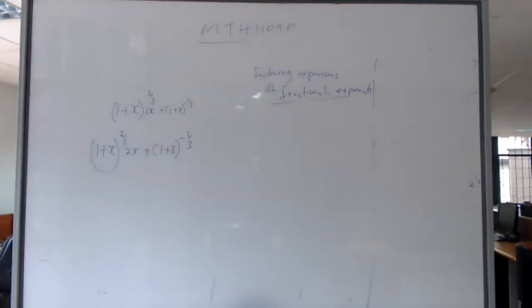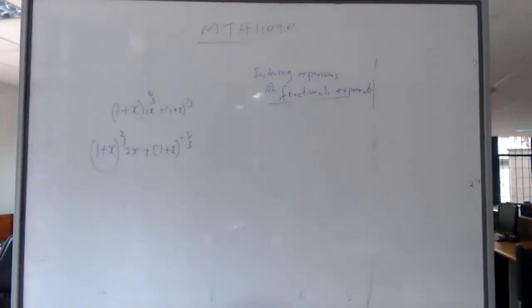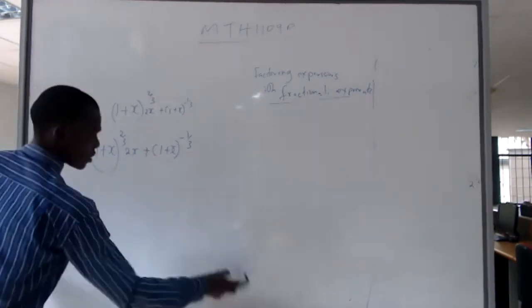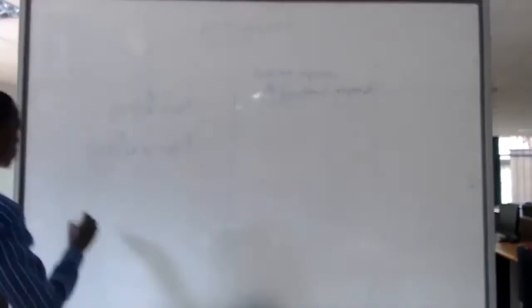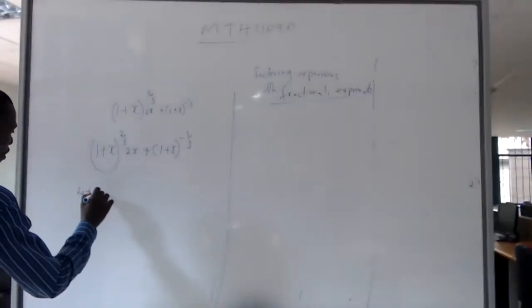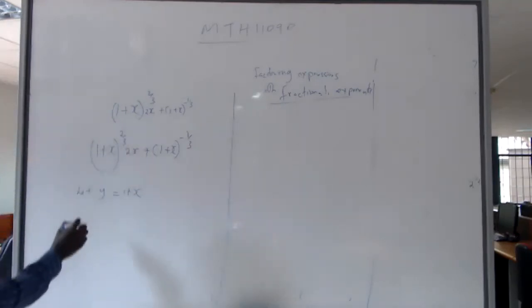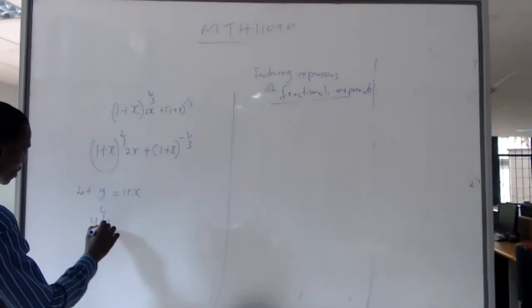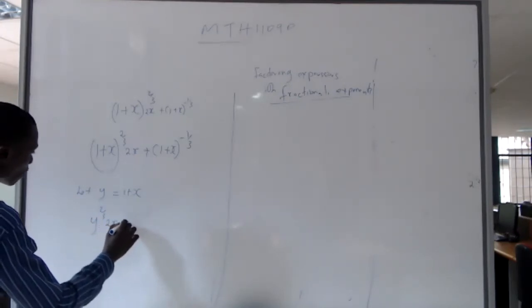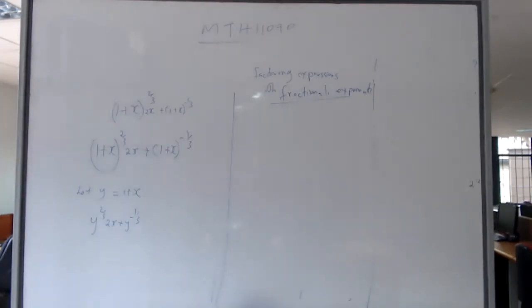It looks scary, but maybe you could start by letting y be 1 plus x. Then you could write this as y to the power 2/3 times 2x plus y to the power negative a third.